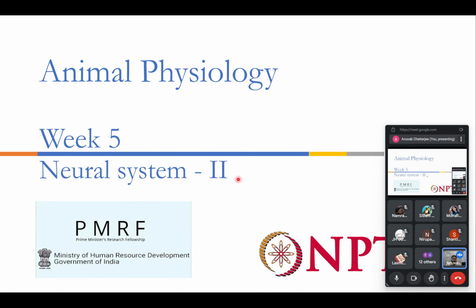This is what we will be discussing today, and we will be learning to answer many questions regarding this. As in previous sessions, we will go through assignment questions from the previous year's run of animal physiology on NPTEL, and then try to answer them and discuss afterwards.